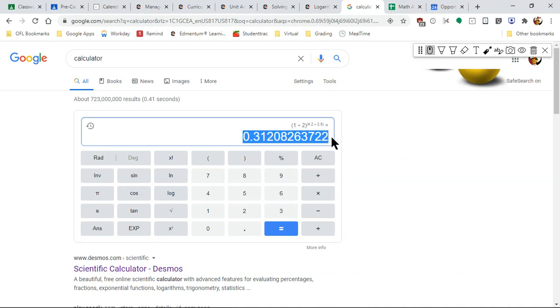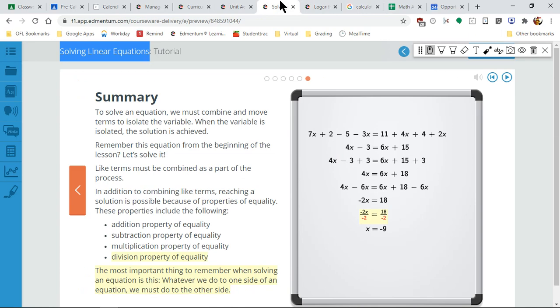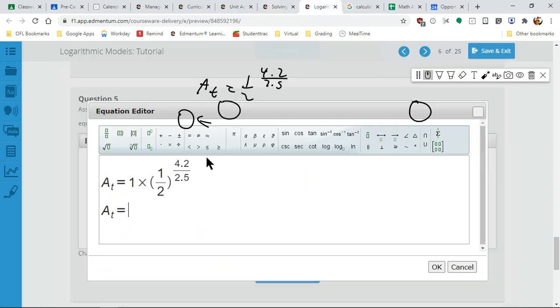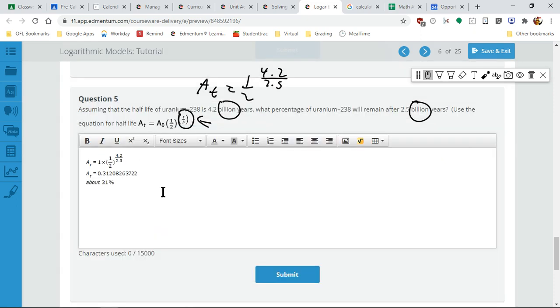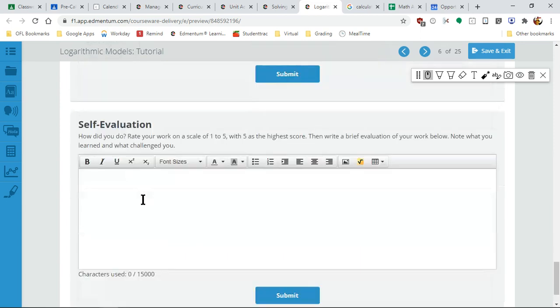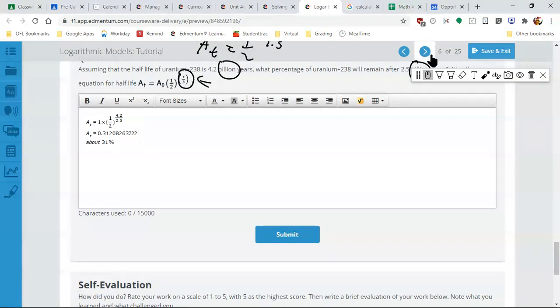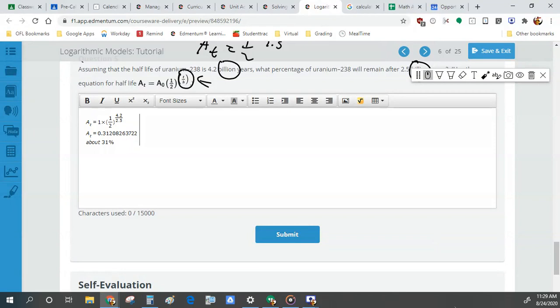So we can highlight this, Control C, Control V, about 31%. Boom. That's all in there. I would say nice fraction, but I don't like those parentheses, but you kind of get the idea here. Then just do your self-evaluation there.